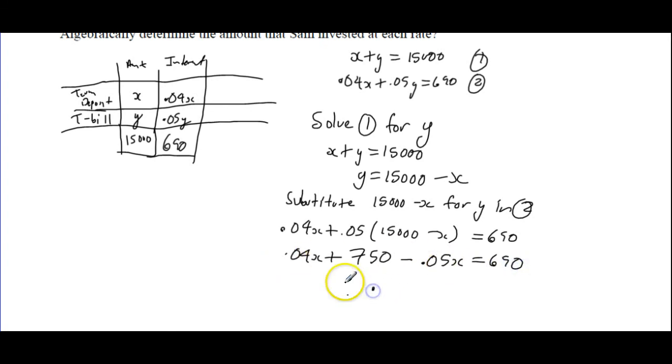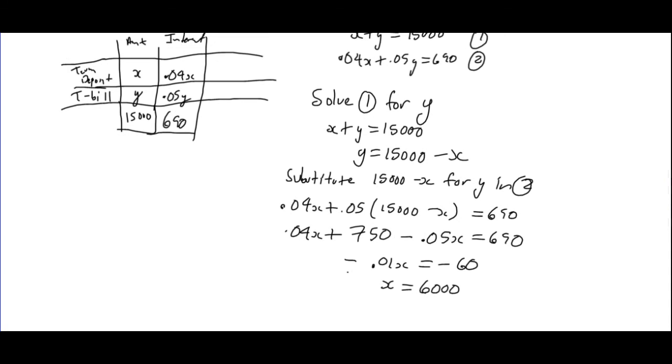So this will be negative 0.01x equals, right? So 0.04 minus 0.05. We're going to subtract this, so it'll be negative 60. So x, multiply both sides by negative 100, right? Move the decimal over. X equals 6,000. And then we know that y is 9,000.